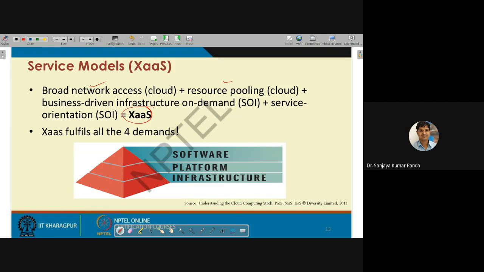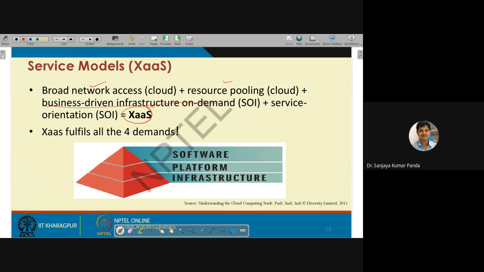In addition to this, what you need is business-driven infrastructure on demand, because most of the companies providing these services are business-oriented. That's why in the high-level architectural design, I told you, they look into stakeholders, compliances, rules and regulations, and the ownership cost. Based upon that, they take decisions.